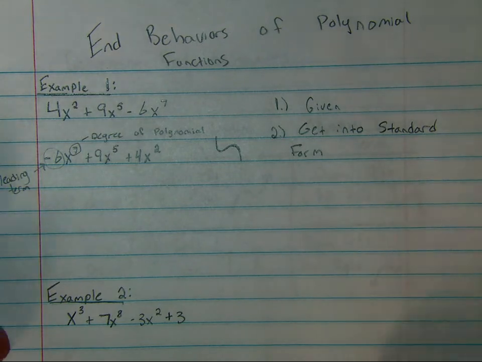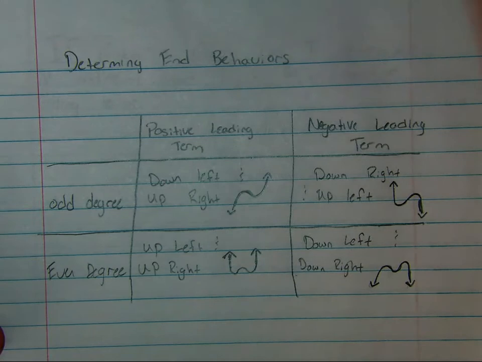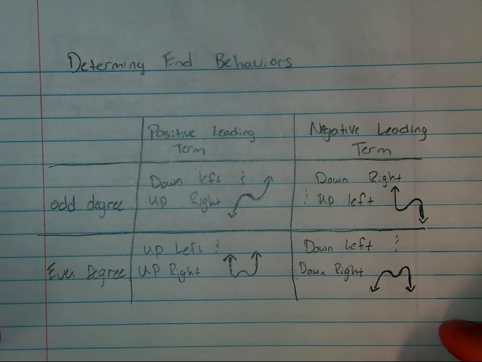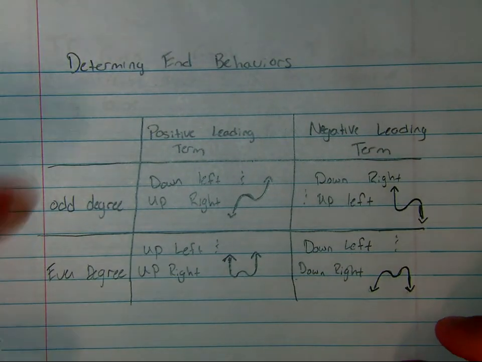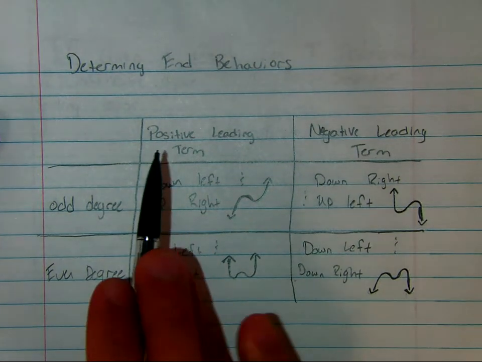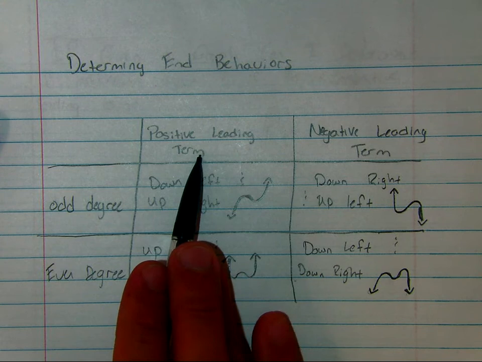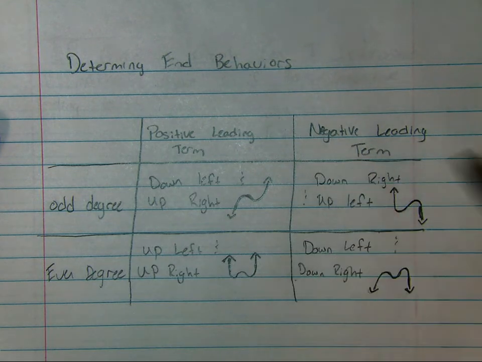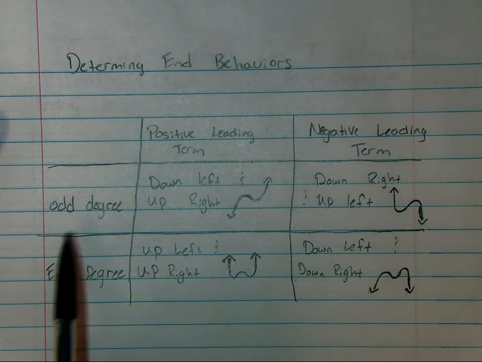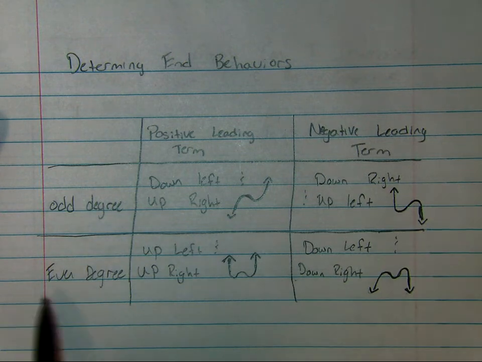To do that, we're going to use this chart, which you can also find in your book. This chart tells me that if I have a positive leading term or a negative leading term, I have these two options. Odd degree, you have these two options. Even degree, you have these two options.